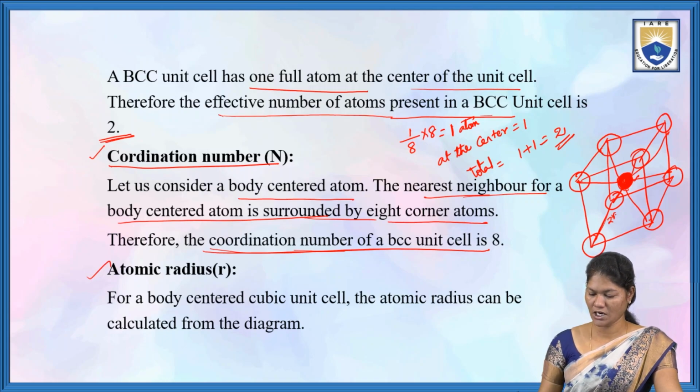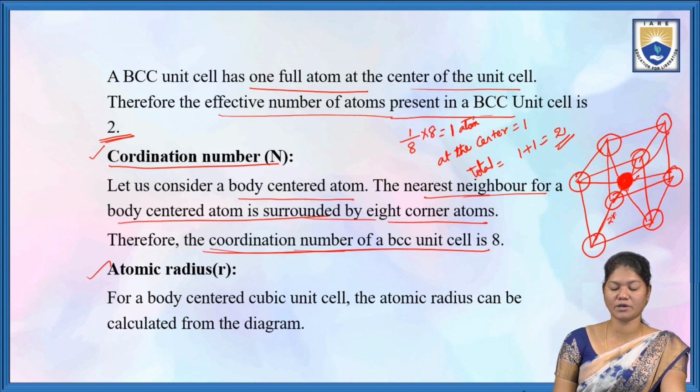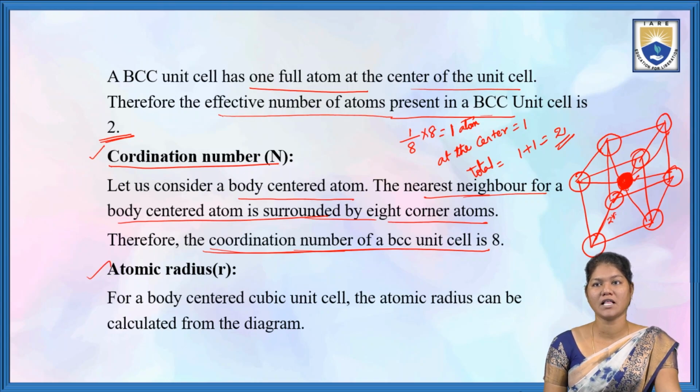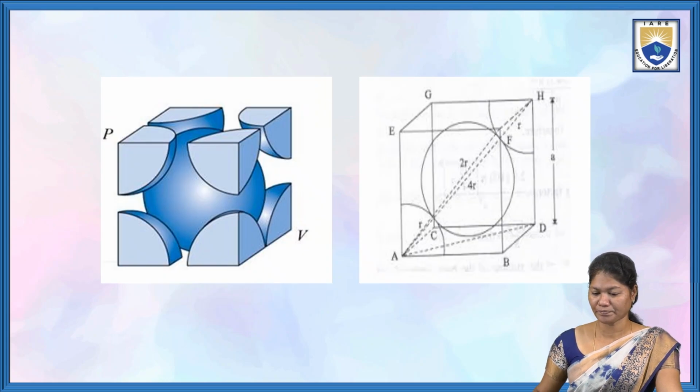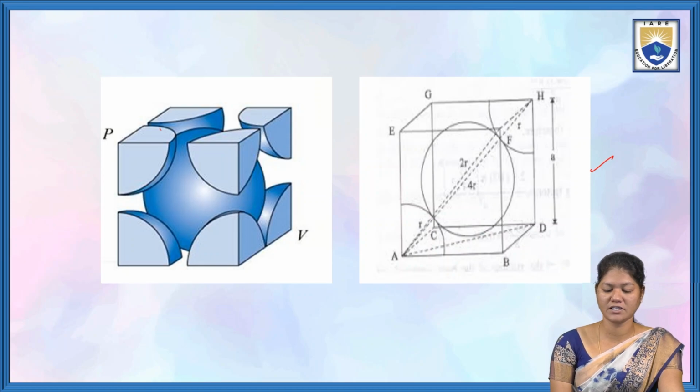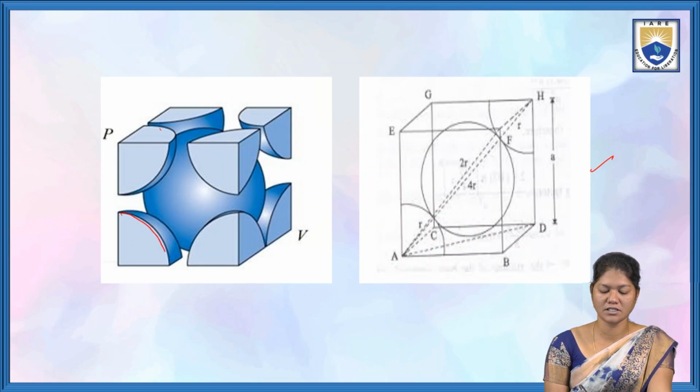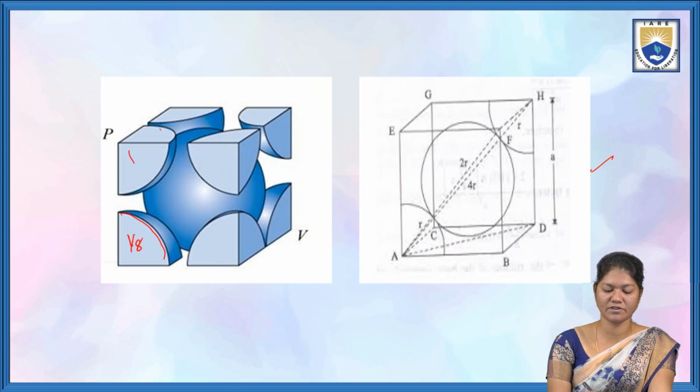Next, coming to the atomic radius. For a body centered cubic unit cell, the atomic radius can be calculated from this diagram. Here we can see there is a 1/8 share of atoms at each corner, and from here to here is r, the atomic radius.